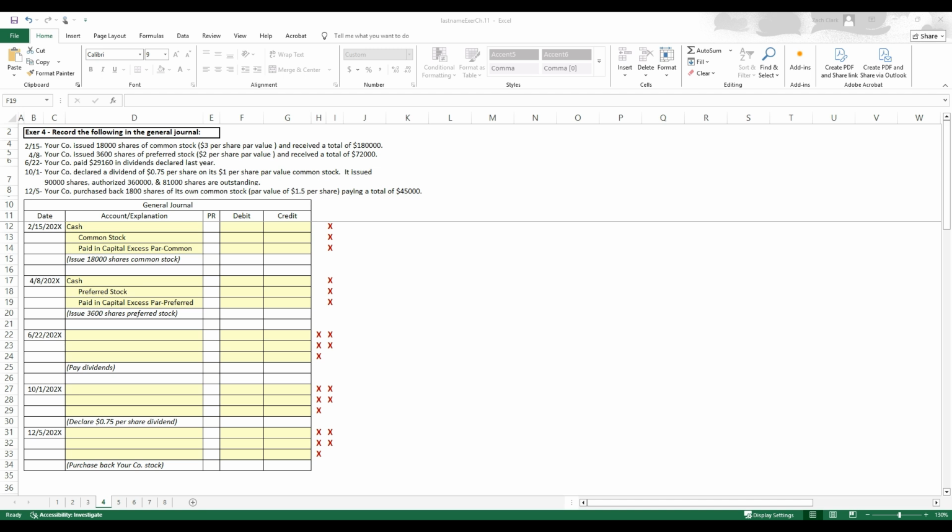Common stock typically comes with voting rights, and the preferred stock does not have voting rights, so you get less of a say in how the significant objectives are carried out.